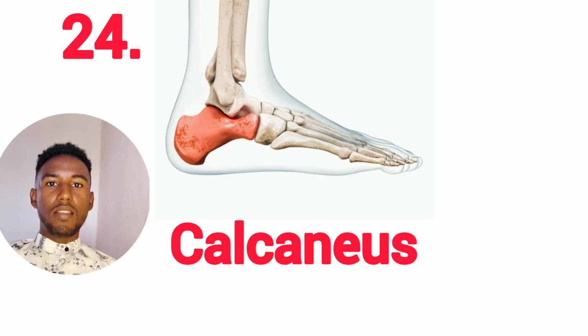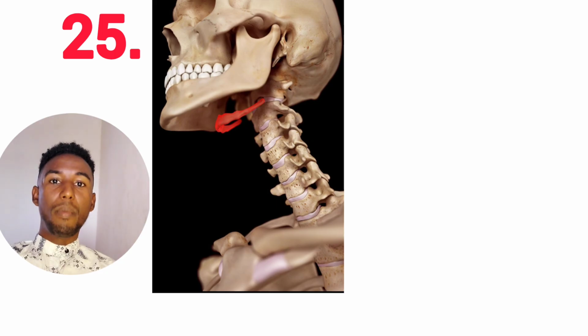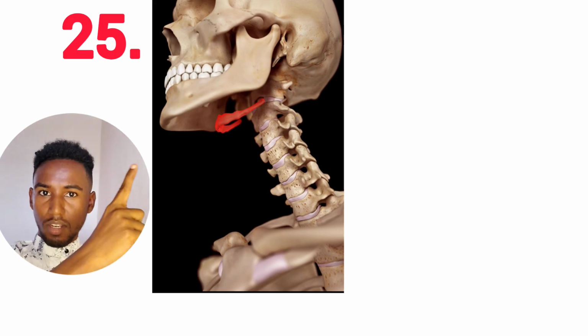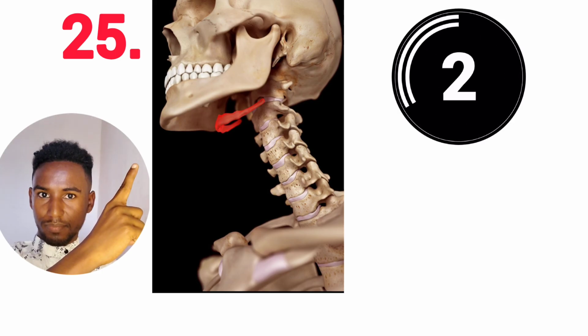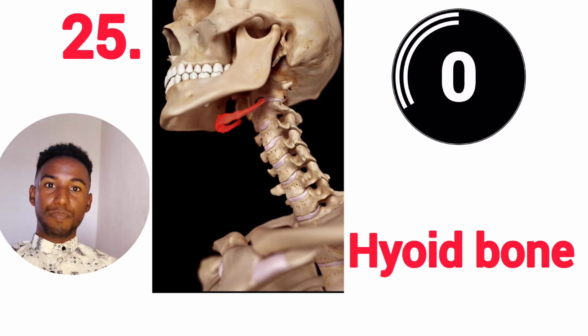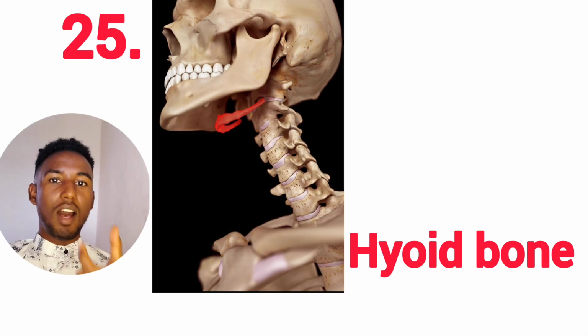It is the calcaneus bone. It is the bone that forms the heel. Question number 25. What is this bone called? It is the hyoid bone. The U-shaped bone in the neck is called hyoid bone.